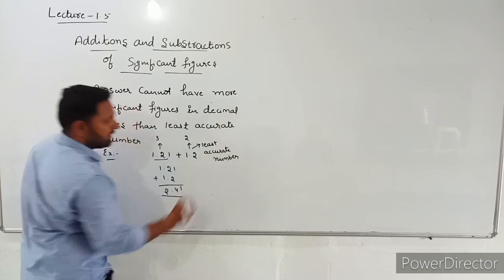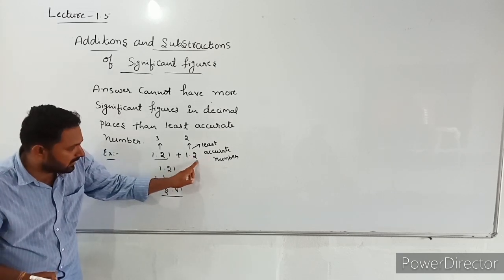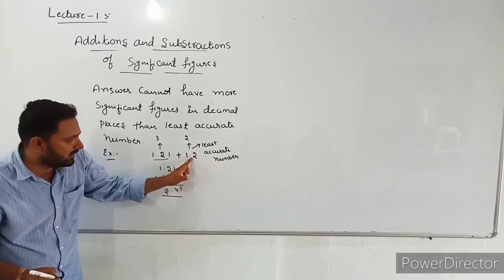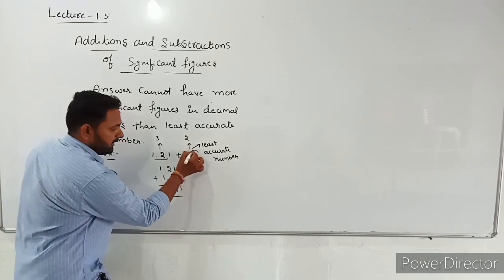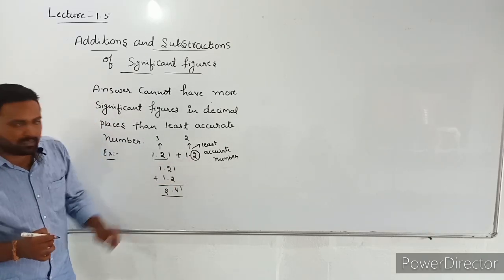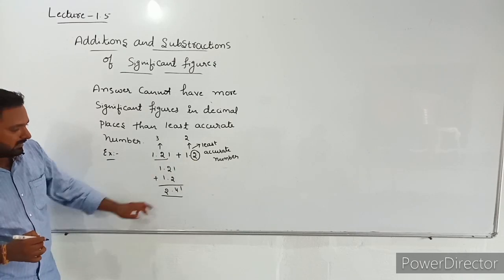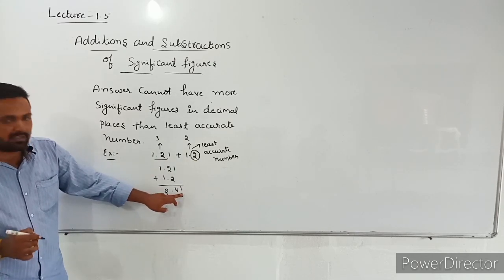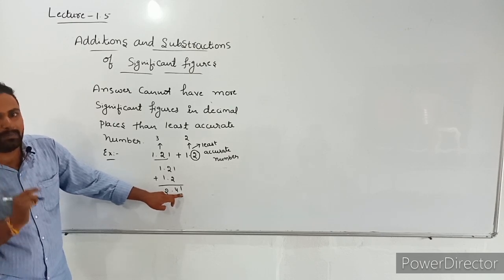In the least accurate number, after the decimal point, how many digits are there? Only one. How many decimal places are there? Only one. That's why the final answer should be reported only up to one decimal place.